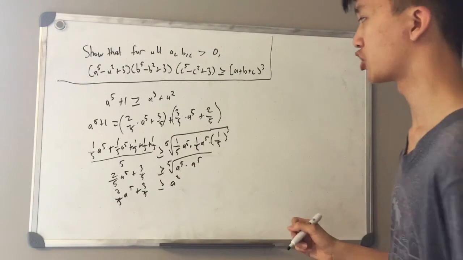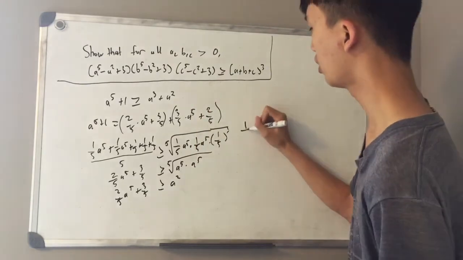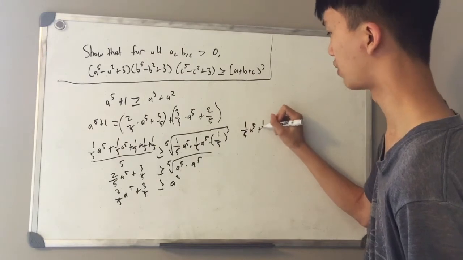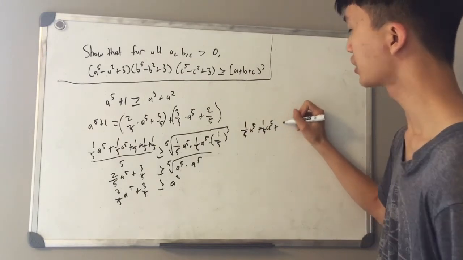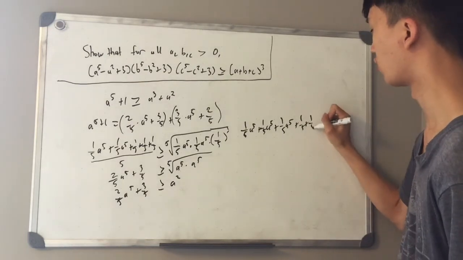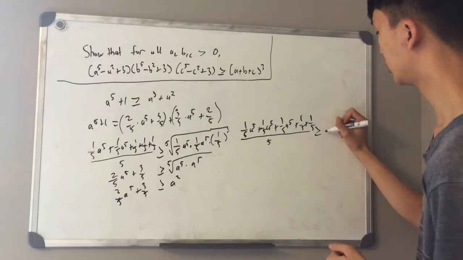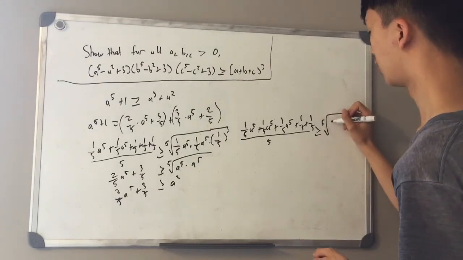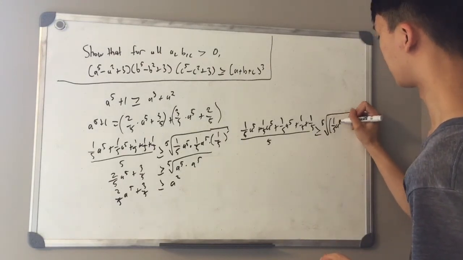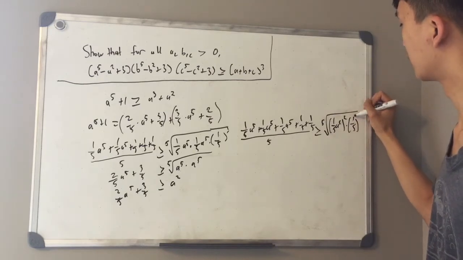So now using the same logic for 3 over 5 times a to the power of 5 plus 2 over 5, we get 1 over 5 times a to the power of 5 plus 1 over 5 times a to the power of 5 plus 1 over 5 times a to the power of 5 plus 1 over 5 plus 1 over 5, all divided by 5, is greater than or equal to the fifth root of 1 over 5 times a to the 5 cubed times 1 over 5 squared.